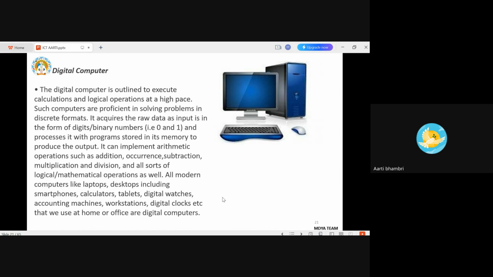Nowadays we use Alexa and virtual assistants like Siri. It understands human language, but basically it understands binary language, because it is programmed like that, and processes it with programs stored in its memory.